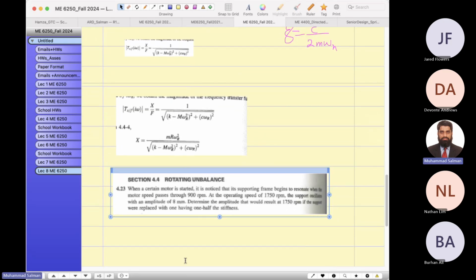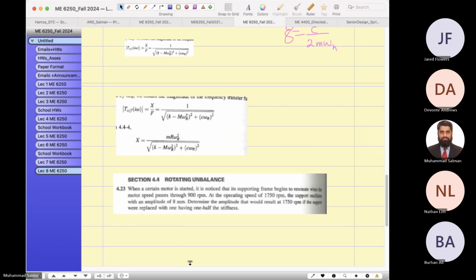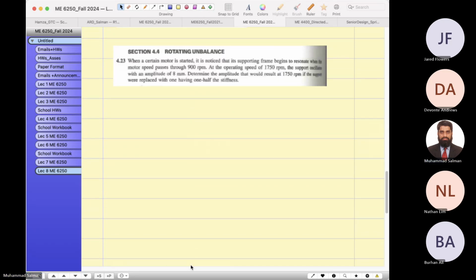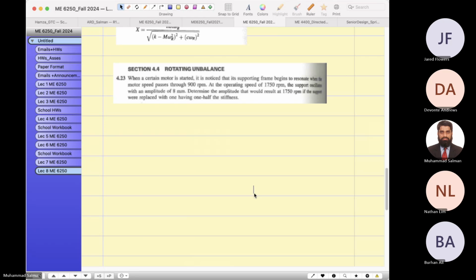So let us solve this problem. A certain motor is started, it is noticed that its supporting frame begins to resonate at the motor speed.